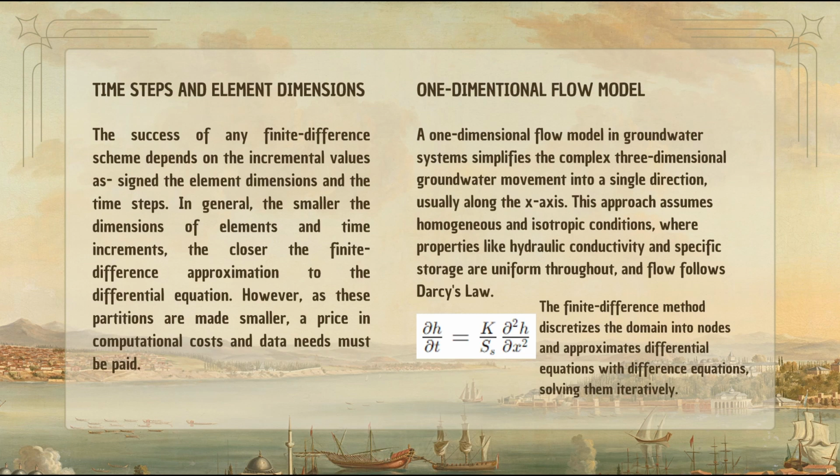So, a one-dimensional flow model of a groundwater system simplifies the complex three-dimensional groundwater movement into a single direction, usually along the x-axis. This approach assumes homogeneous and isotropic conditions where properties like hydraulic conductivity and specific storage are uniform throughout and flow follows Darcy's law.